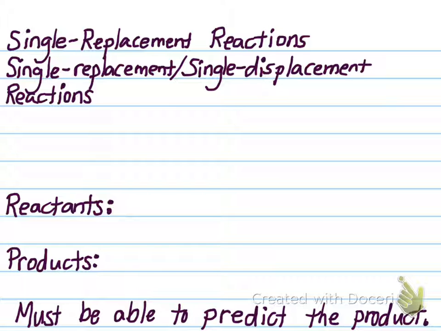Single replacement reactions are the last type of reaction we're going to talk about today. Single replacement reactions are also sometimes called single displacement reactions. So again, I'm just giving you both names. I don't want you to get to college chemistry and go, I've never heard of a single displacement reaction. It's exactly the same thing as a single replacement. Okay? It's just 2 different names for the same thing.